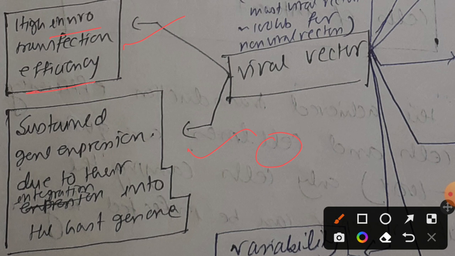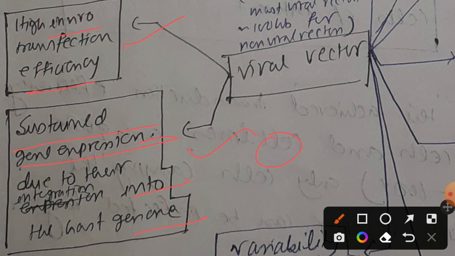As a result, you don't need to bother about the non-specificity that we face in previous gene delivery systems. So viral vectors provide high specificity. Along with it, they also allow sustained gene expression, because they help you integrate your gene of interest with the host genome. For example, we have seen that baculoviral vector integrates itself with the host genome.